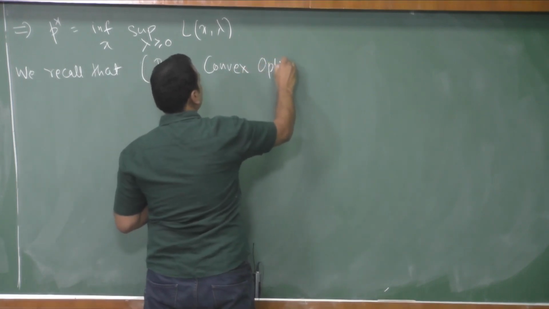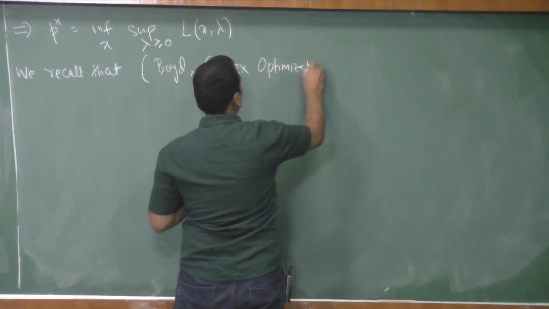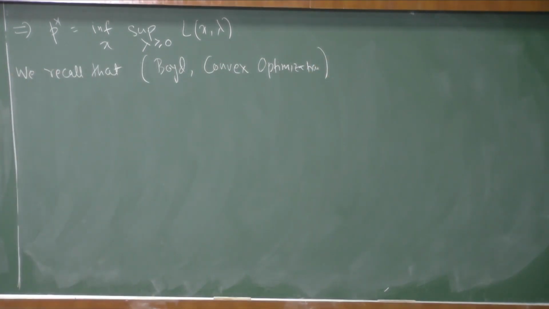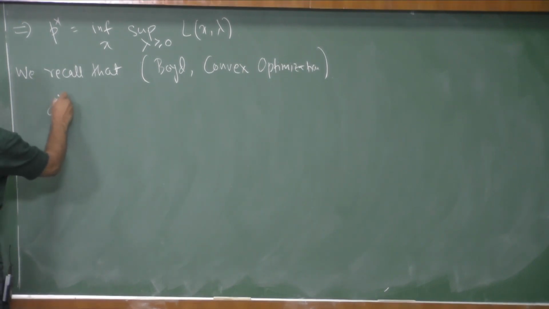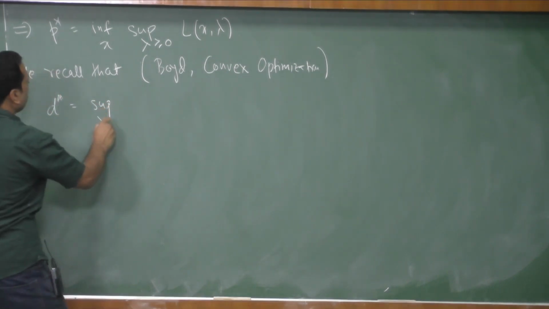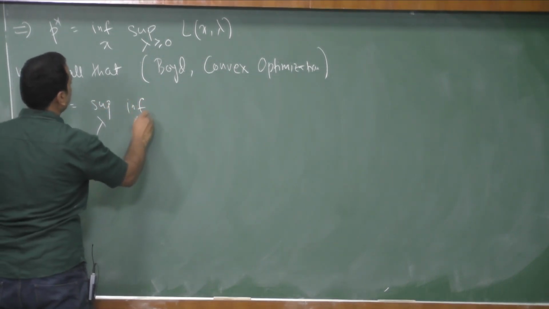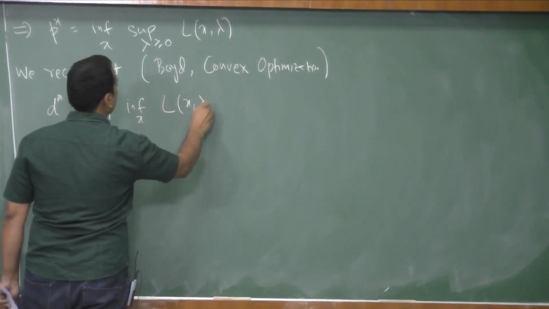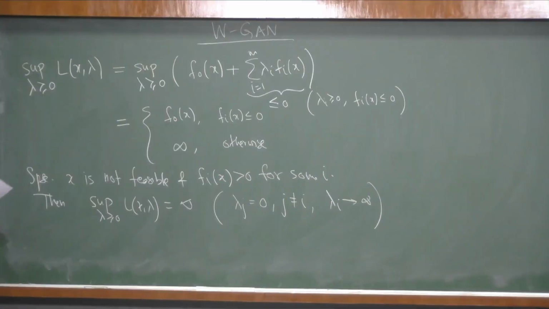Okay, this is a book. What the dual chapter tells us is that d star is the supremum over lambda and infimum over x of L(x, lambda).